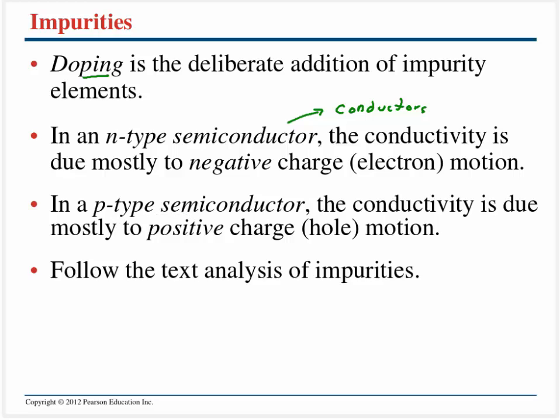With the P-type, we're actually moving the holes, and so these guys are going to behave a lot more like an insulator. And so that's going to be very, very useful. We can dope things with different elements and either make them more like a semiconductor or more like a conductor or more like an insulator, depending on what we want to accomplish.